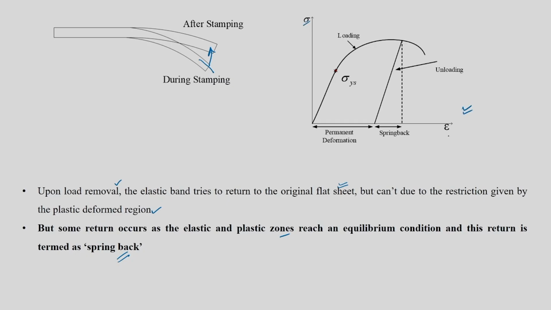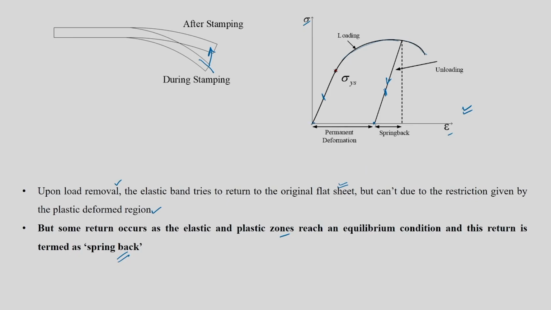So this is a typical stress strain diagram of any material. You have yield strength, then a strain hardening portion, and after that a decrease in the stress strain curve. In the loading part, your sigma will keep on increasing. When you unload the material, we know that the unloading curve is going to be this one, which is parallel to the elastic part, and will reach this particular point.